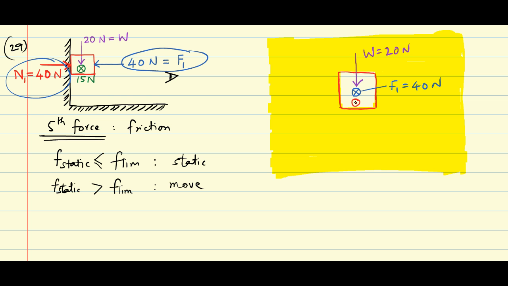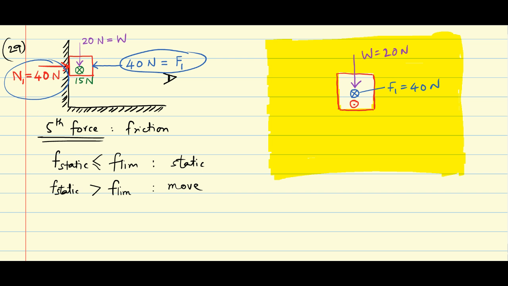So that's coming out, so that's N1, which is 40 newtons. I'm not calculating the moments of these forces, so it's not necessary for me to place the force at precisely its line of action. As long as the direction of the force is okay, it doesn't matter.